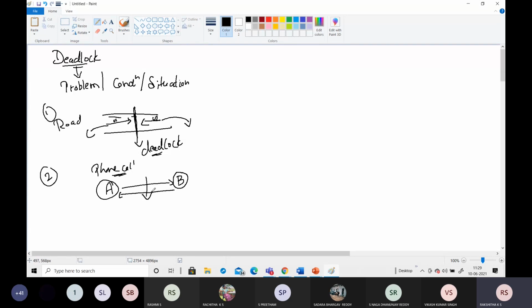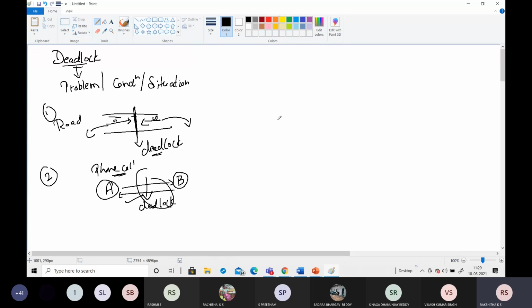That particular state again we call a deadlock. A is calling B and meanwhile B is calling A, so both are engaged. He is not able to talk with him and he is not able to talk with him. That particular condition we call a deadlock.